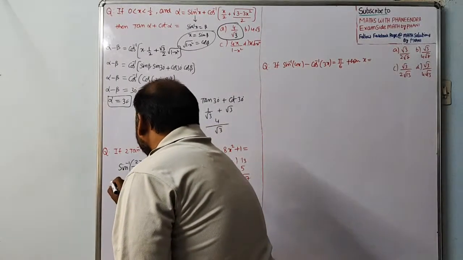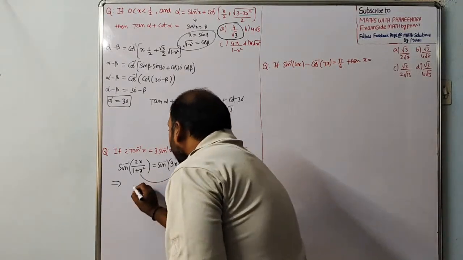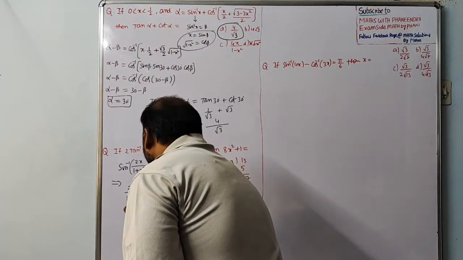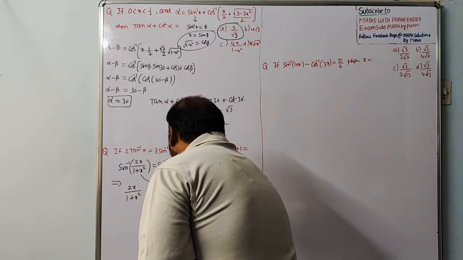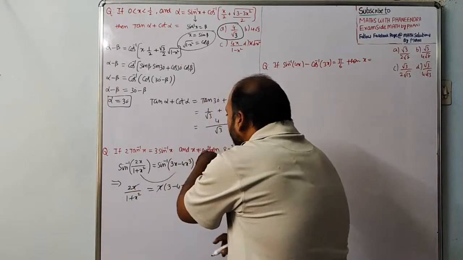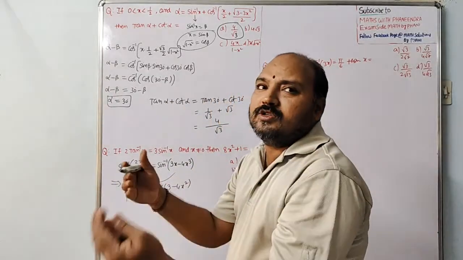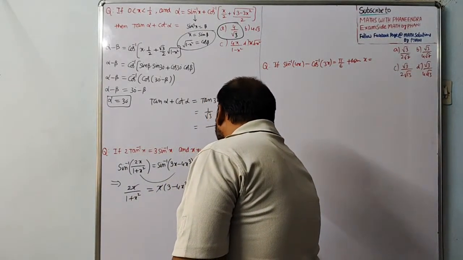So comparing these two inverse trigonometric functions, 2x divided by 1 plus x square is equal to x, taking common, 3 minus 4x square. X can cancel, x cannot be equal to 0. Even if you take common, x cannot be equal to 0.